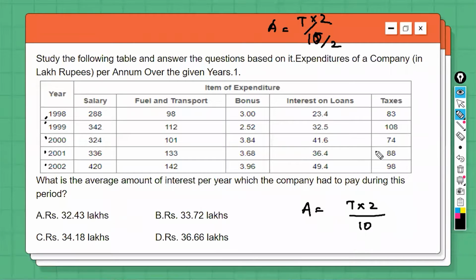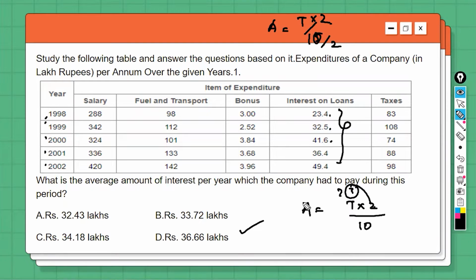So instead of adding all these numbers, I'm going to add only the unit digits. What is the unit digit? 4 plus 5 is 9, 9 plus 6 is 15, 15 plus 4 is 19, 19 plus 4 is 23. The last digit is 3, 3 into 2 is 6. Which answer option has unit digit 6? This should be the right answer. That's all.